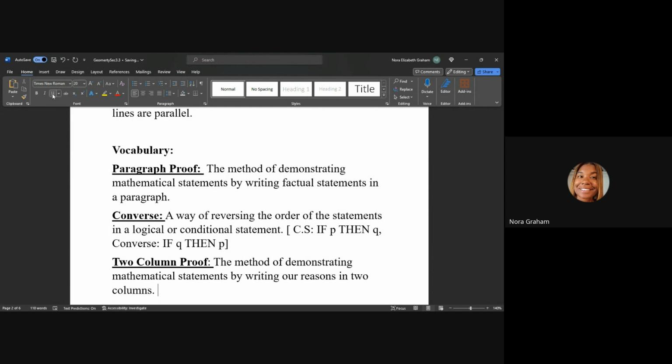Okay. And that's mostly how we're going to write most of our proofs in two-column statements, unless it's asking us to write it in paragraph form.